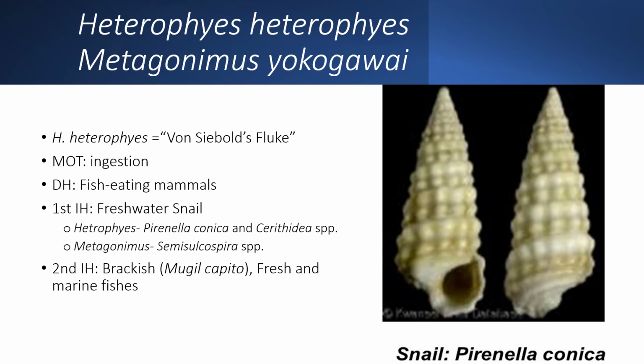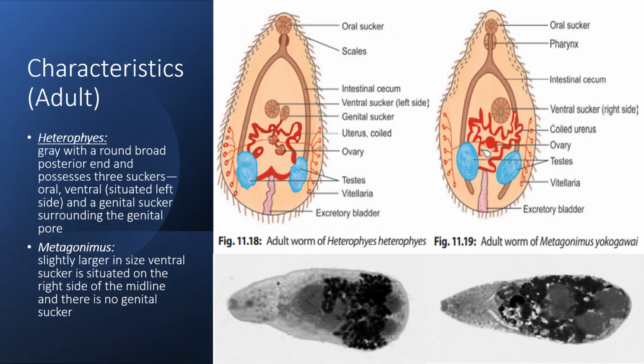So to talk more about the adult characteristics, Heterophyes is gray with a round, broad posterior end and possesses three suckers: the oral, the ventral, and the genital sucker, or the gonotyl. Metagonimus has only two suckers, oral and ventral.